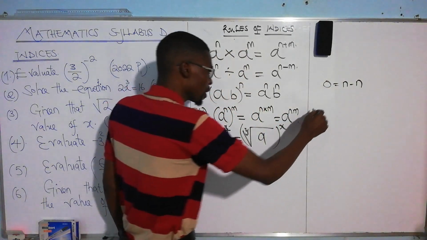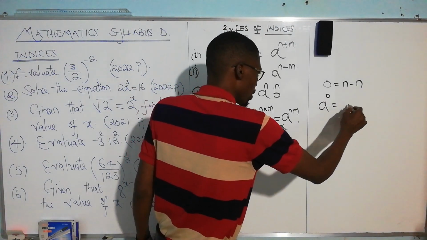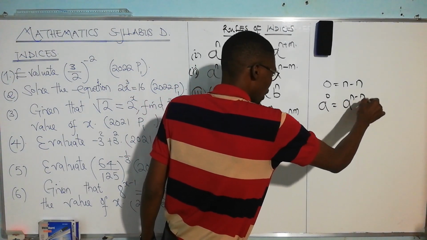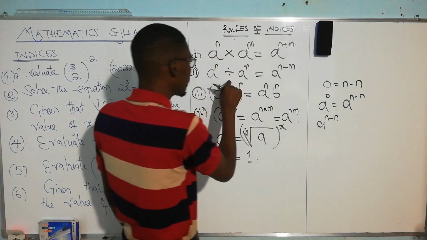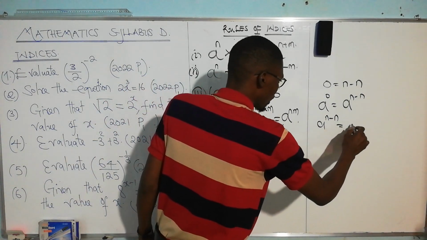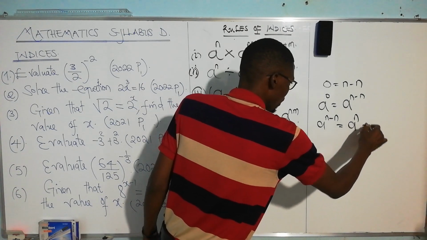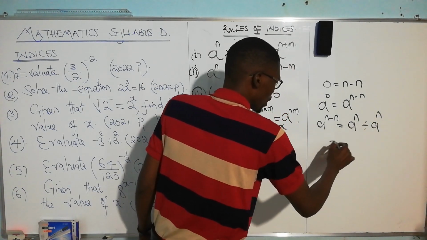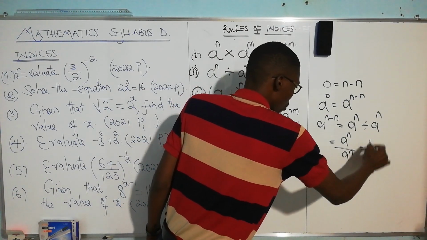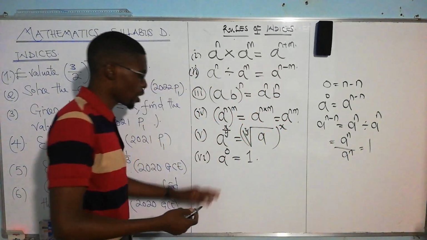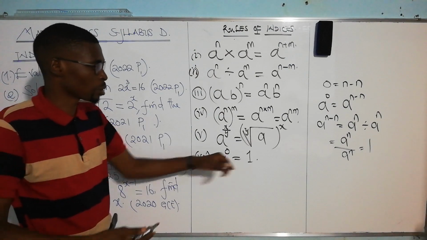When you say a to the power 0, you mean a to the power n minus n. By this rule, that implies a to the power n divided by a to the power n, which must give you 1. So this is the reason why a exponent 0 is equal to 1.